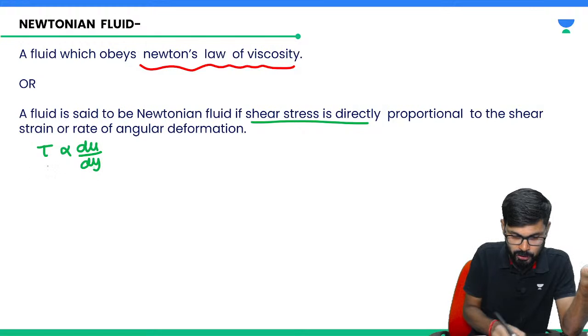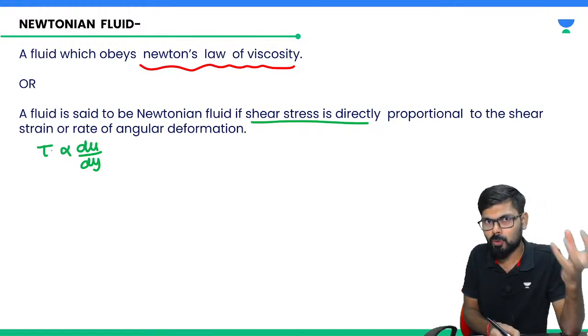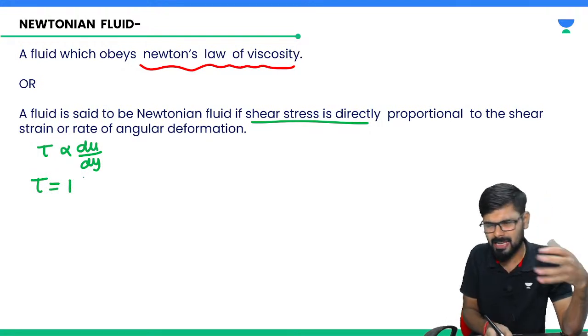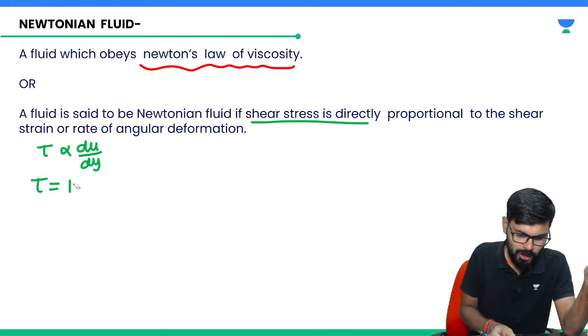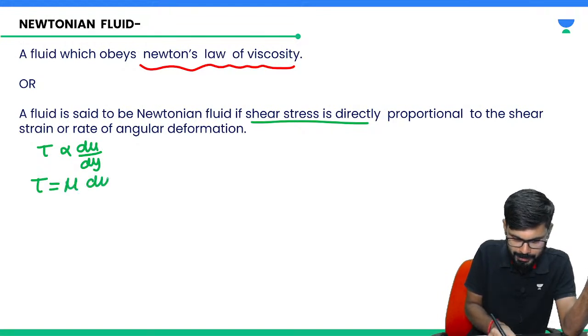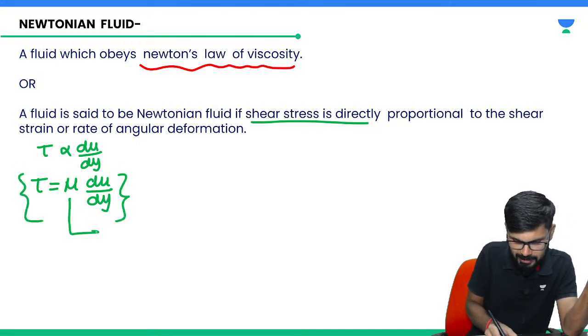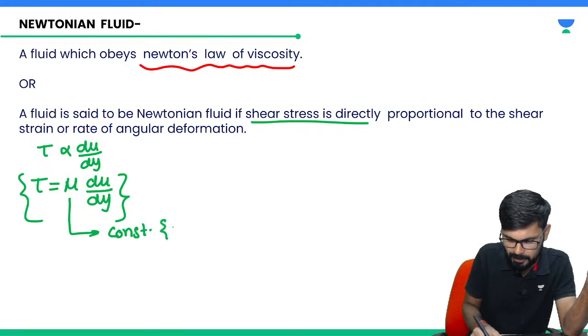If I remove the proportionality sign, I can write tau is equal to k times du by dy, where k is a constant, and that constant is known as viscosity. So tau equals mu du by dy. The most important point is that mu is a constant, and that is called viscosity.